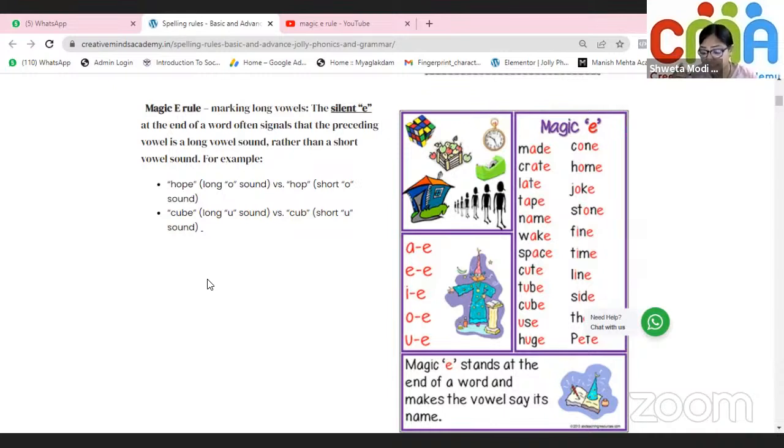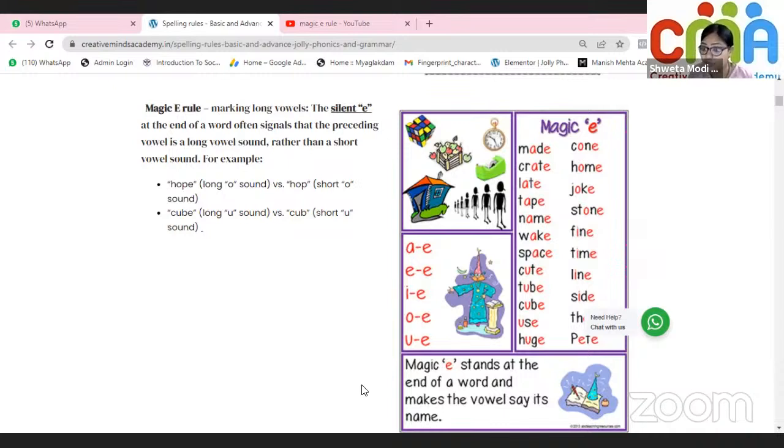In the word receive, it's a vowel team. So we cannot have the magic E here in the word receive, because EI, that's another rule we will be doing: I before E, except after C, that is again one spelling rule which we'll be doing. Delicate. Yes, in the word delicate, you can find the magic E rule.